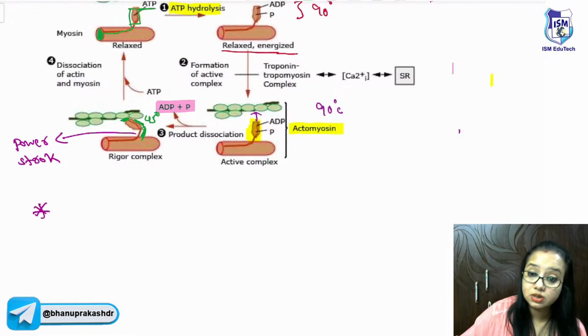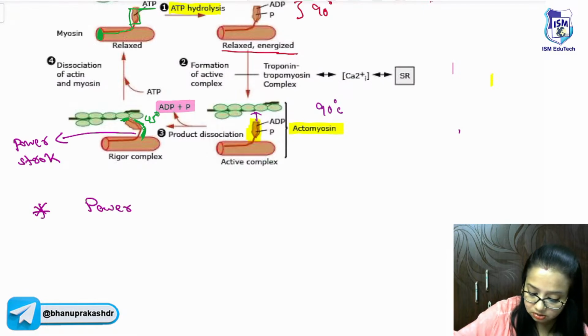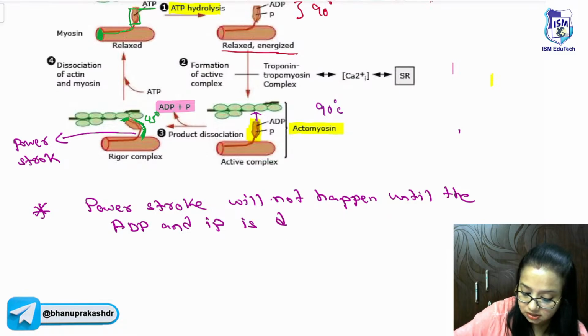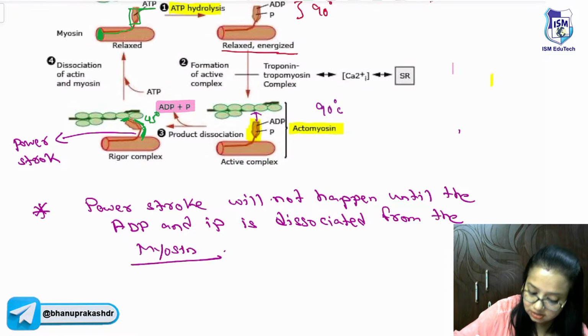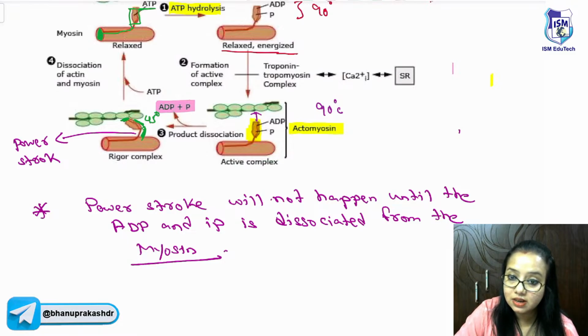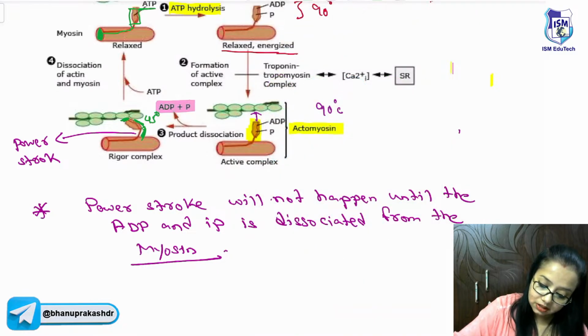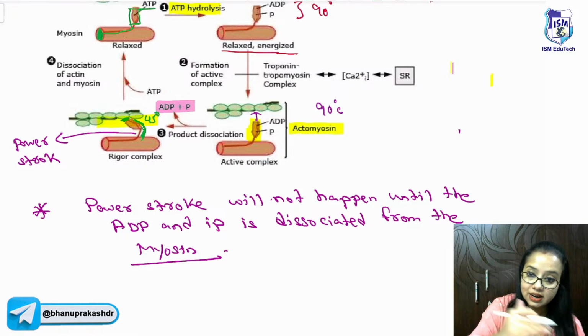Now, an important point to remember is that the power stroke will not happen until the ADP and IP is dissociated from the myosin, and this is what is the sliding filament theory, because in this condition you can actually see the actin is sliding on the myosin.